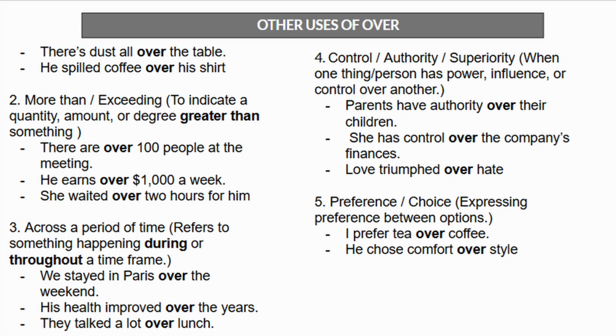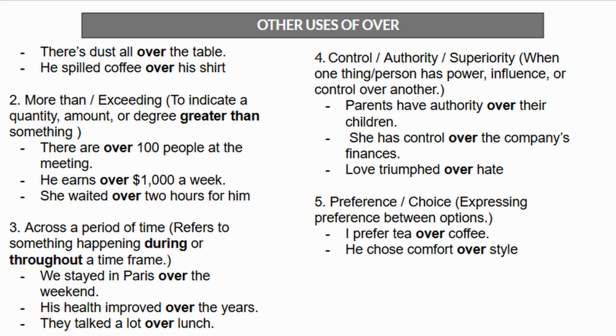Secondly, with over, when you want to refer to something which is more than, exceeding, to indicate a quantity, amount or degree greater than something else. For example, there are over 100 people at the meeting.